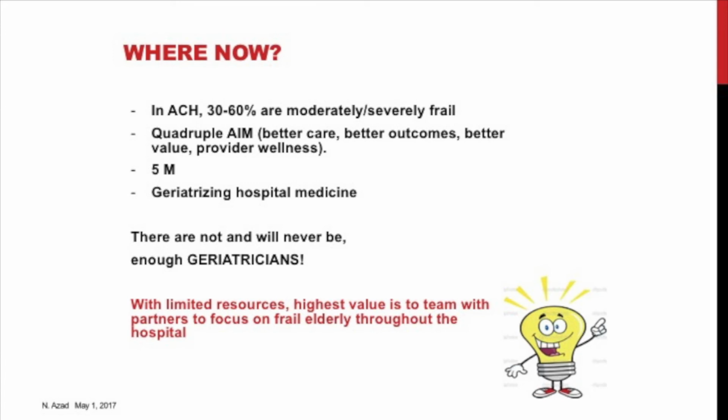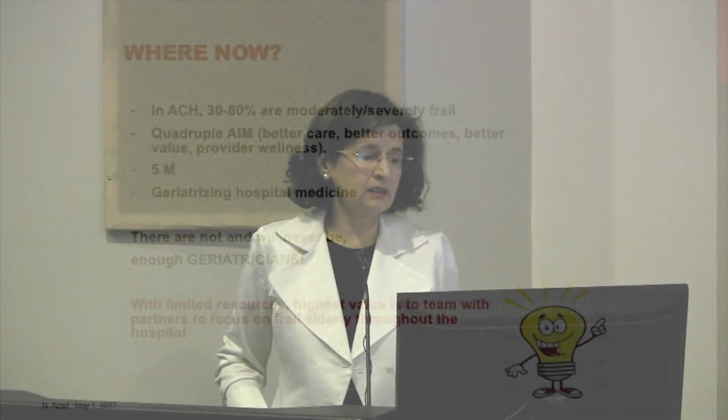Right now only 0.3% of doctors are geriatricians, so we have to look at how, with these limited resources, we can develop the teams, or nurses, that can be more specialized and take on the task of gerontologizing the rest of the hospital or the community, for example. So we have to think of new ideas.